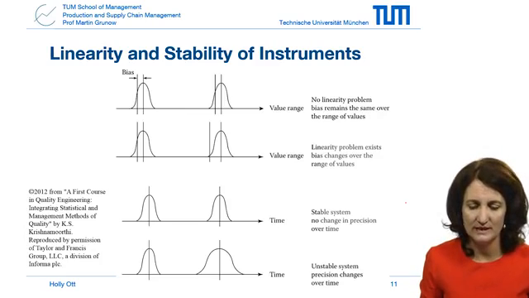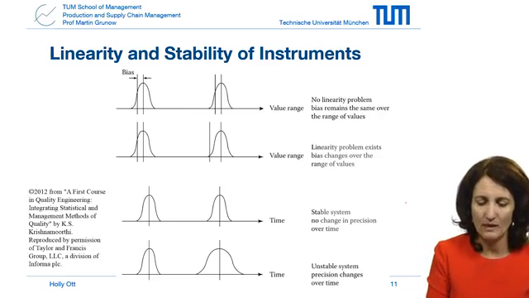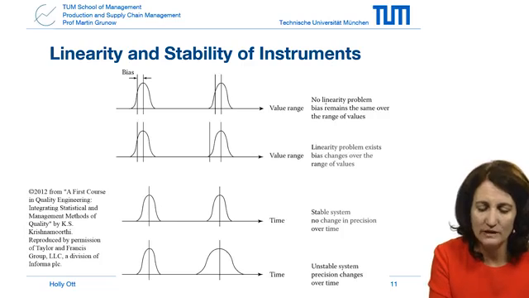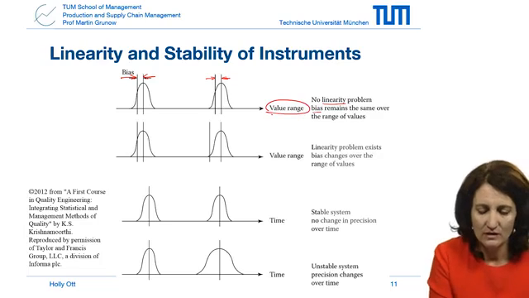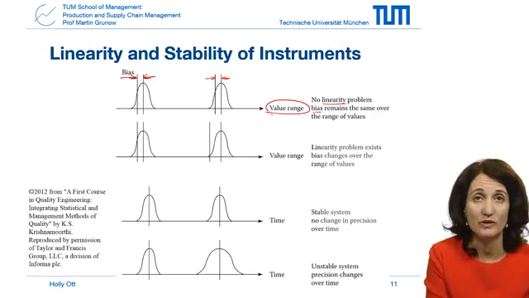Here we see that we have no linearity problem. The bias remains the same over the whole range of values that we're measuring. So if it were temperature, low temperature and high temperature, the bias remains the same.